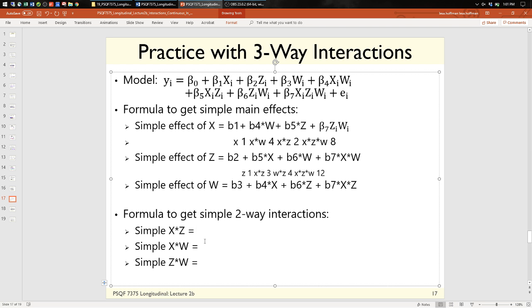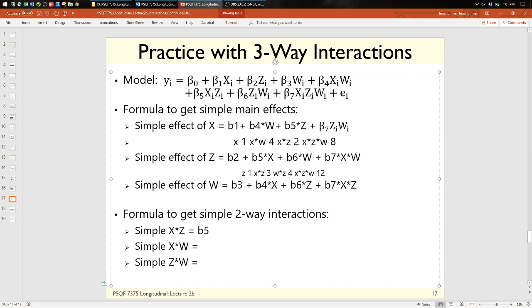So the model tells us how x by z would be for any value of w. So how do I figure this out? Same rule. The only terms that go down here are those that contain x by z. So I don't need the intercept, I don't need any main effects. That one doesn't have x by z, this one does.